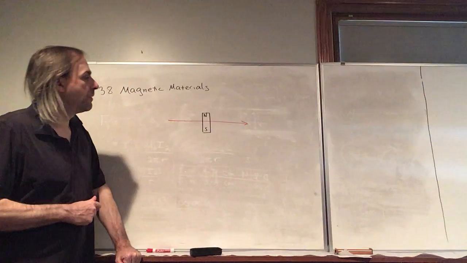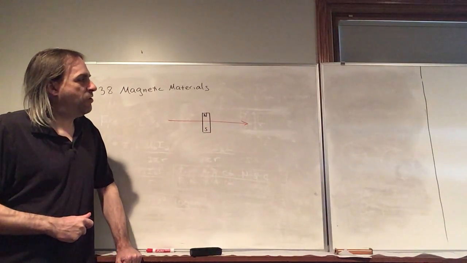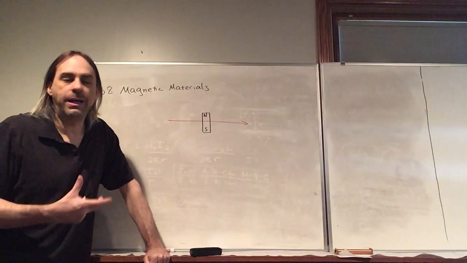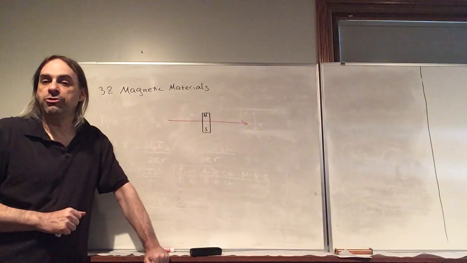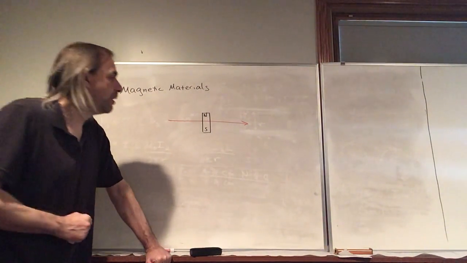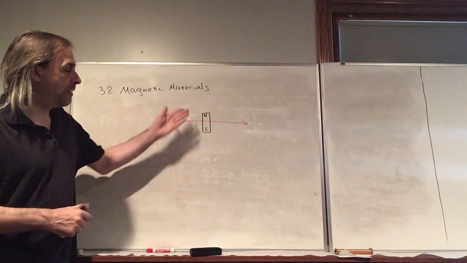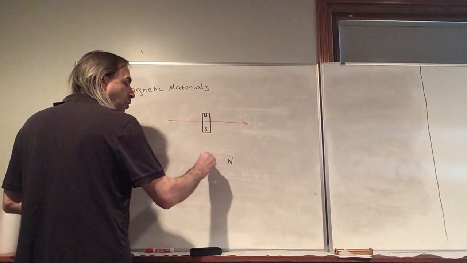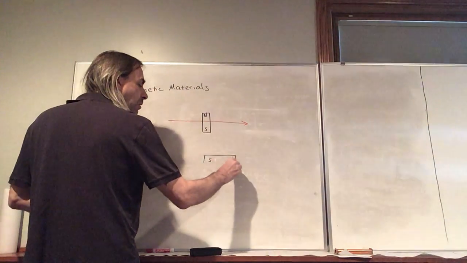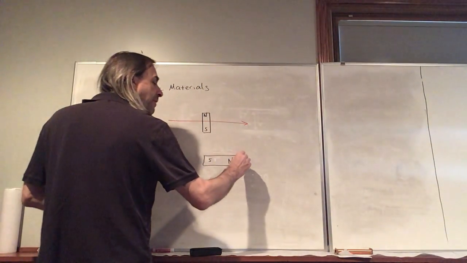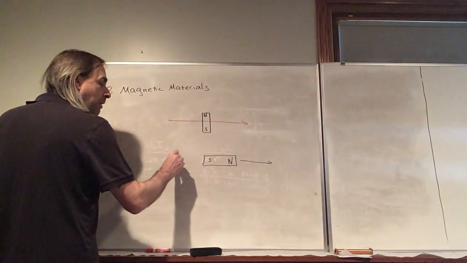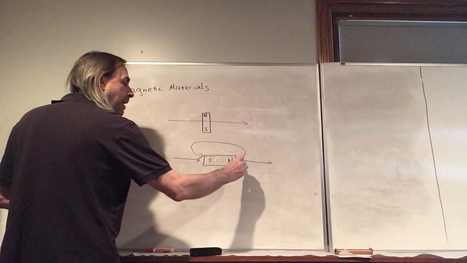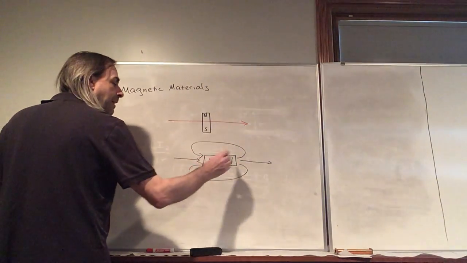Now, we could just as well call the North Pole a positive magnetic charge, and the South Pole a negative magnetic charge. If you have a bar magnet with a north and a south pole, the magnetic field lines look just like what you would get from having a positive and a negative charge.